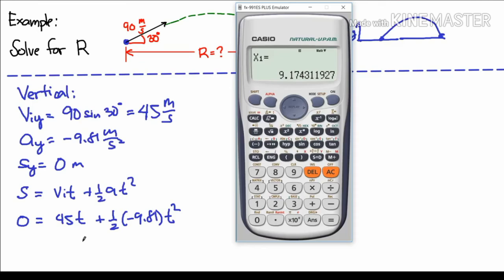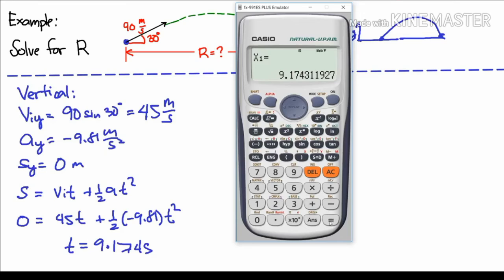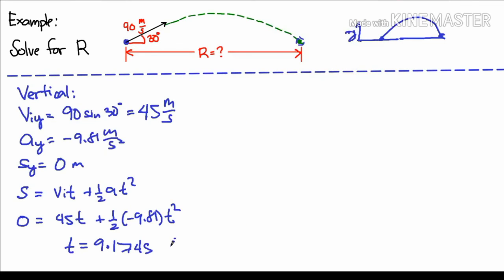We can solve this. We will have t equal to 9.1174 seconds. This is a quadratic equation, so we will also have t equal to 0.